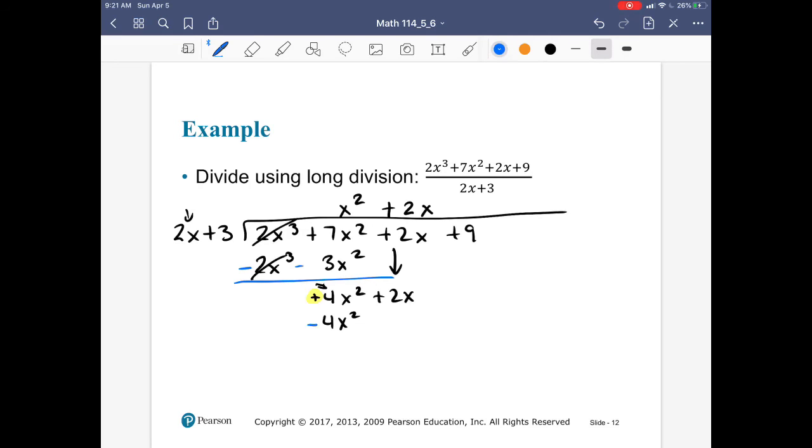We change the sign, so it's a negative. 2x times 3, that's 6x. A positive times a positive makes it a positive. We change the sign, so this is a negative now. So these two cancel. So 2 minus 6 is negative 4x, and we bring down the next one. Plus 9. We have to determine the new sign, so this is a negative, so this must be a negative.